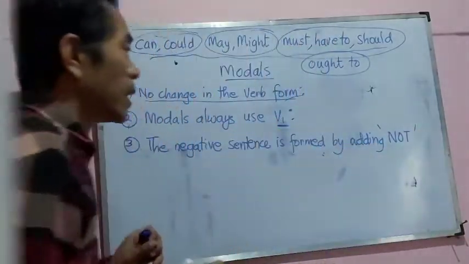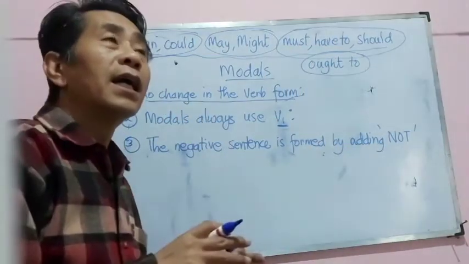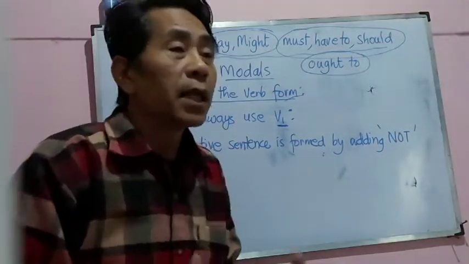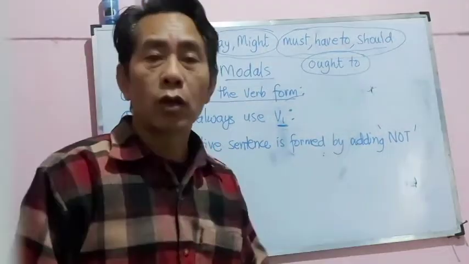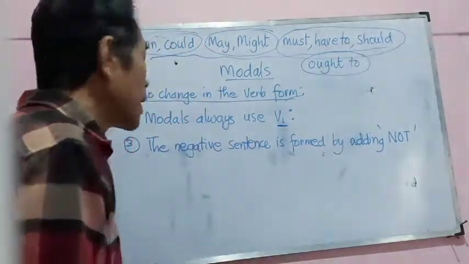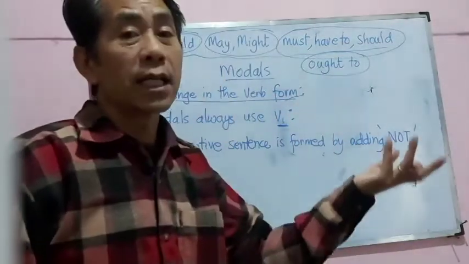So that is the thing. Whenever we learn a positive sentence, you have to also learn the negative. For example, I am not. He is not. Likewise, he is eating, he was not eating.